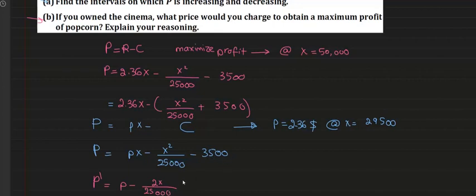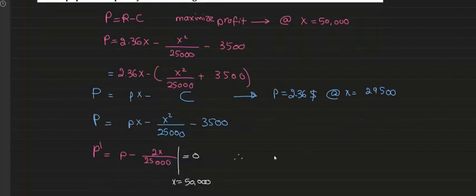Now we have to get this at X equals, or first let me say that we usually equate the P dash by 0, and moreover we know that the X that we need to maximize at is the 50,000, so we will equate it by 0 and at the same time substitute the X with the 50,000.